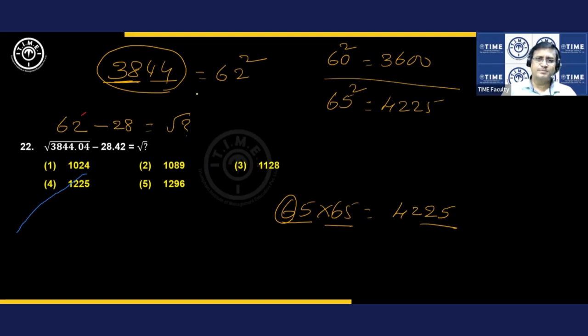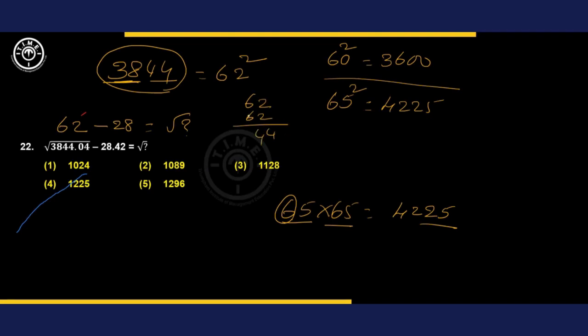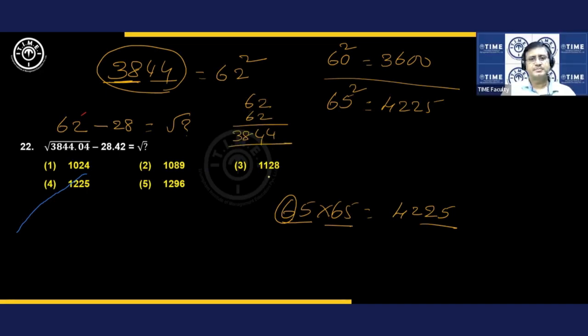Say yes or no. 62 into 62. 2 into 2 is 4. 2 into 6, 12. 2 into 6, 12. 12 plus 12, 24. 2 carrying. 6 into 6, 36 plus 2, 38. What I am doing is multiplying the unit places first, then the sum of the cross products of unit and tens places, then the tens places.